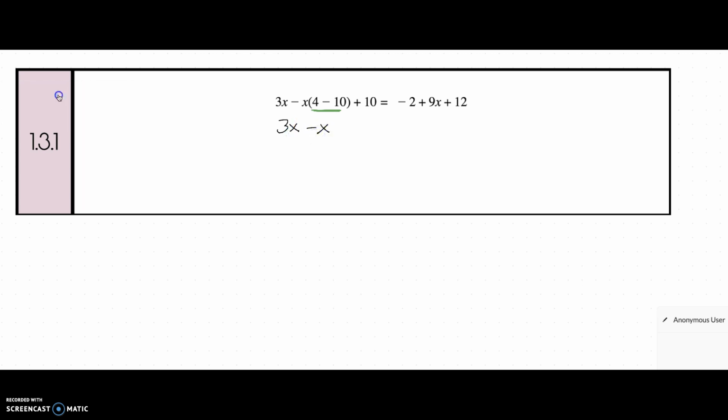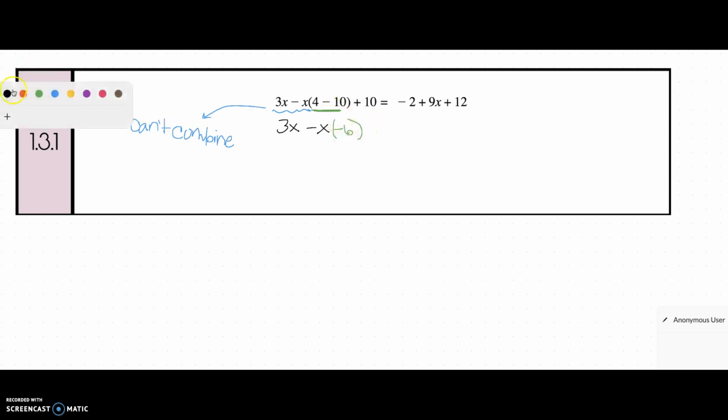Just a little side note here, notice that you cannot combine these because the x is tied to those parentheses. So that's being multiplied, so I can't do subtraction first. So you don't want to combine those. So I have 3x minus x. And then 4 minus 10 is negative 6.